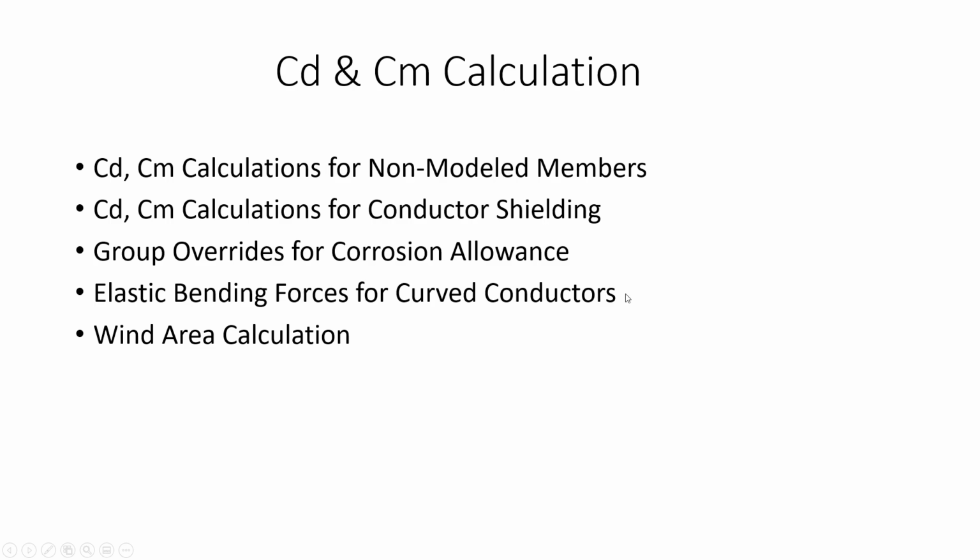Sometimes you may have this problem also: when the conductor is bent, then we have to consider the elastic bending force when we are applying the load on the jacket. Then wind area calculation. We have to do all those calculations and apply them as an override in the model.